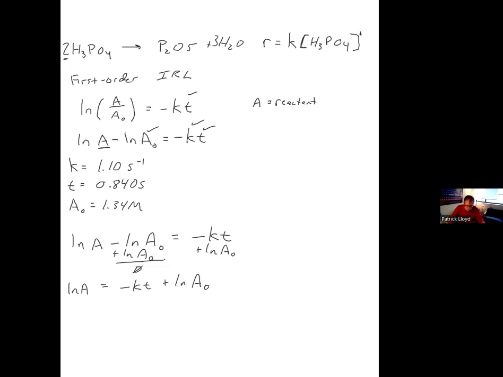Now I'm just going to substitute in all the numbers. So ln of A is minus K, which is 1.10 reciprocal seconds, T is 0.840, and then plus ln of 1.34.